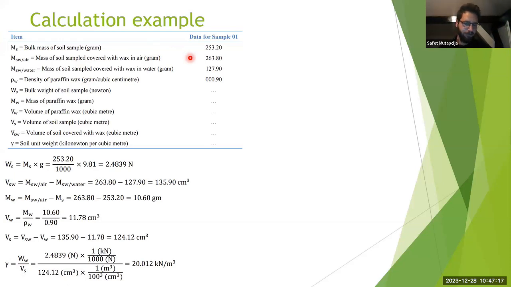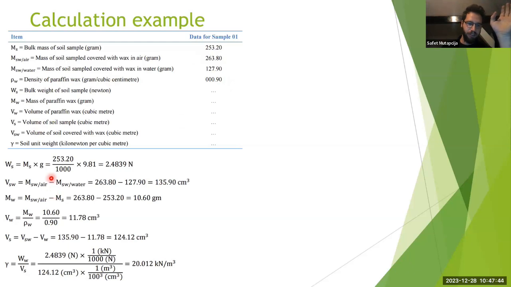Sounds complicated. It's not. You're going to have a string that is connecting your sample and your scale. If you ever saw those Newton meter scales that expand with the weight, basically that. And the density of the wax is usually the same every time, or you're going to have it from the technical specification of the laboratory that you're going to use.